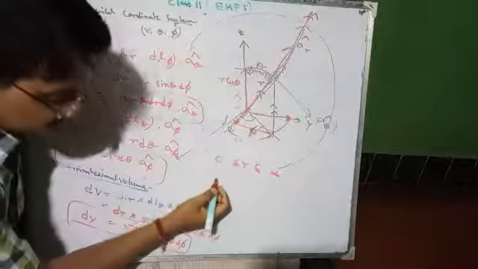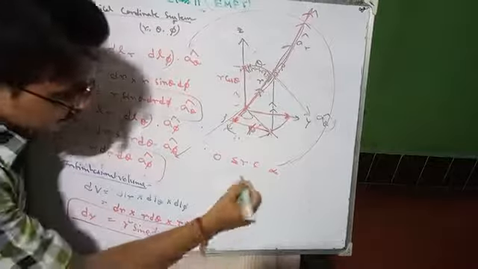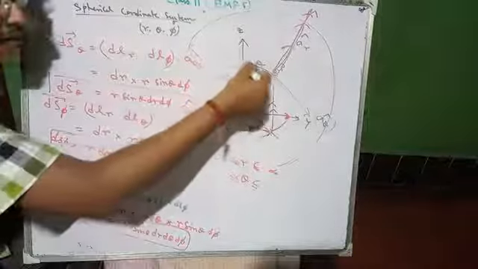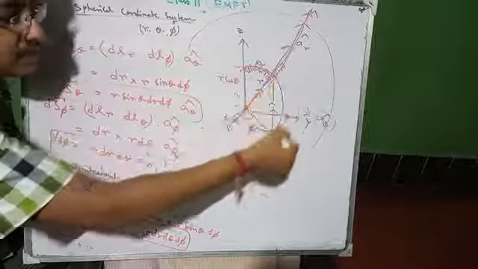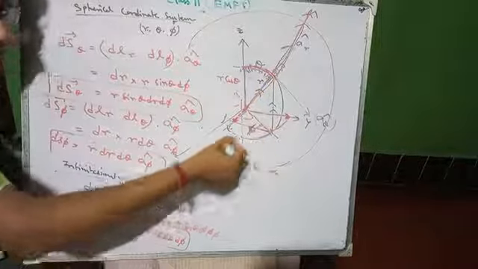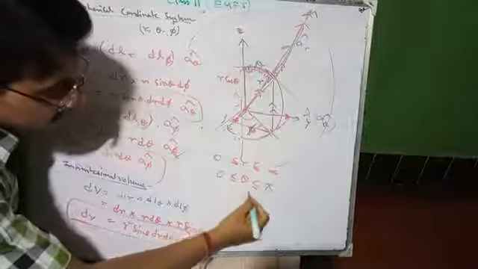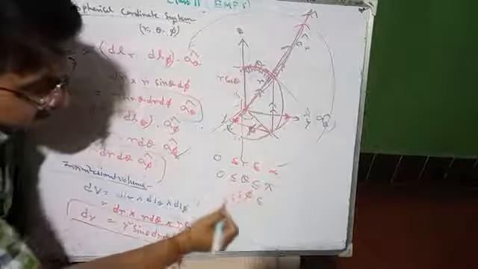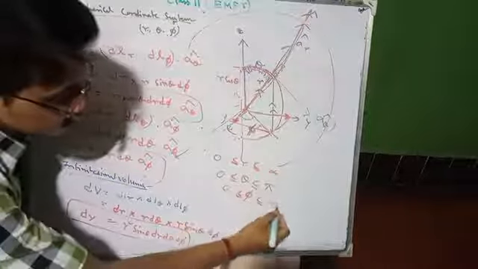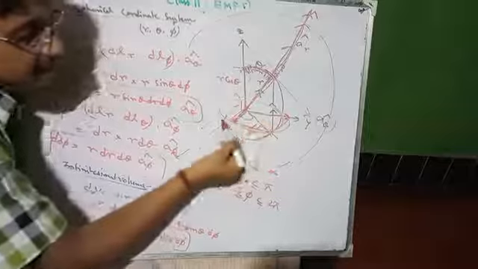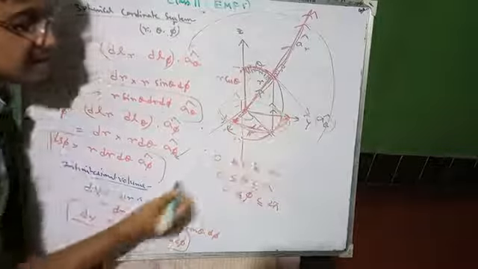Okay, so next one, theta. What is the range of theta? It will start from here and go up to this much. Always remember, theta cannot move in this direction. So the theta angle will be 0 to pi, and phi is your azimuthal angle, which will be 0 to 2 pi. Phi can move throughout the surface, that is the xy plane.